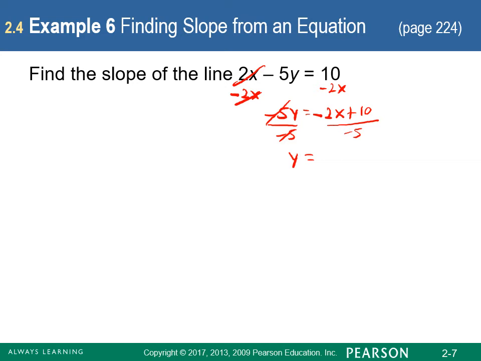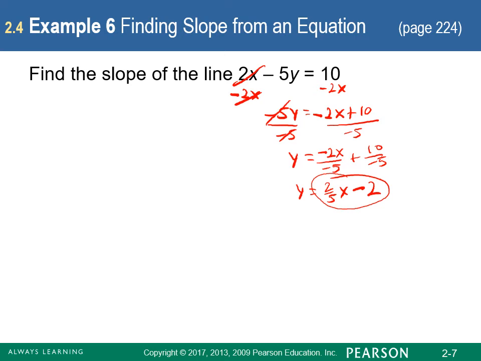We can put the -5 with each of these, splitting this into 2 fractions. This is a positive 2/5 x, and this is a -2. So that is how we would type it in our calculator.